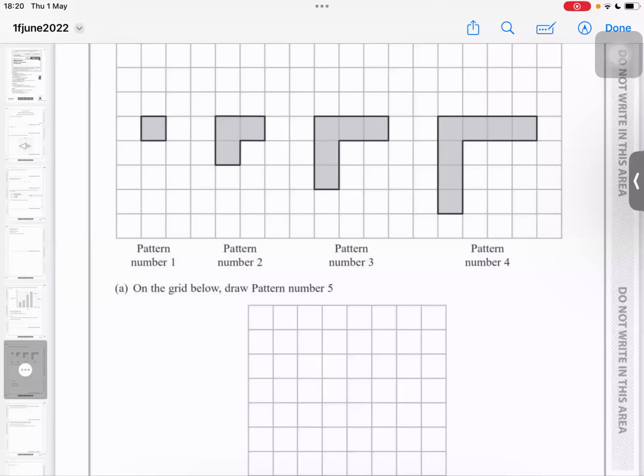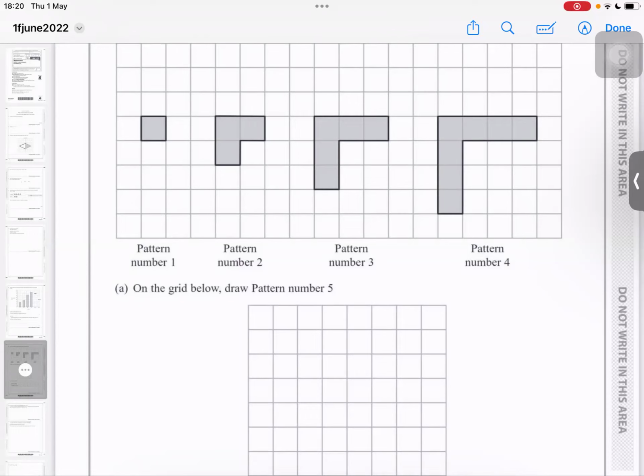All right. So it looks like another translation question. Pattern 1, pattern 2, pattern 3, and it says on the grid below, draw pattern number 5. It looks to me as if the patterns are increasing by one box each on the right hand side and below.